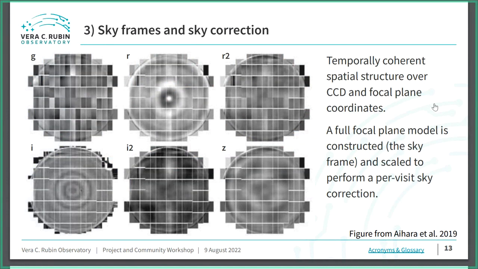These sky frames are constructed in advance in a calibration data set sense. And then variations of these data are scaled and subtracted off the original detectors to produce a more robust background model for co-addition. So that's a very important step to consider in the background process. Next slide, please.